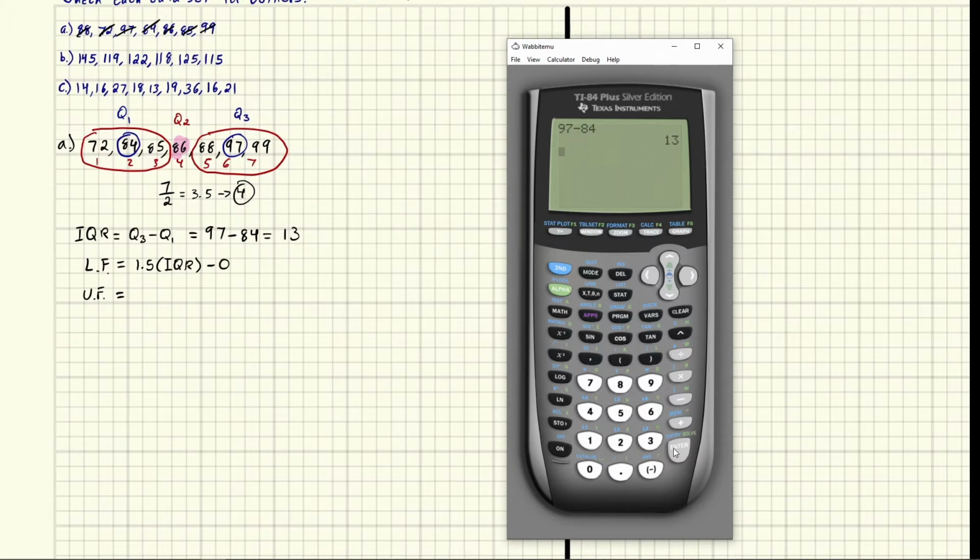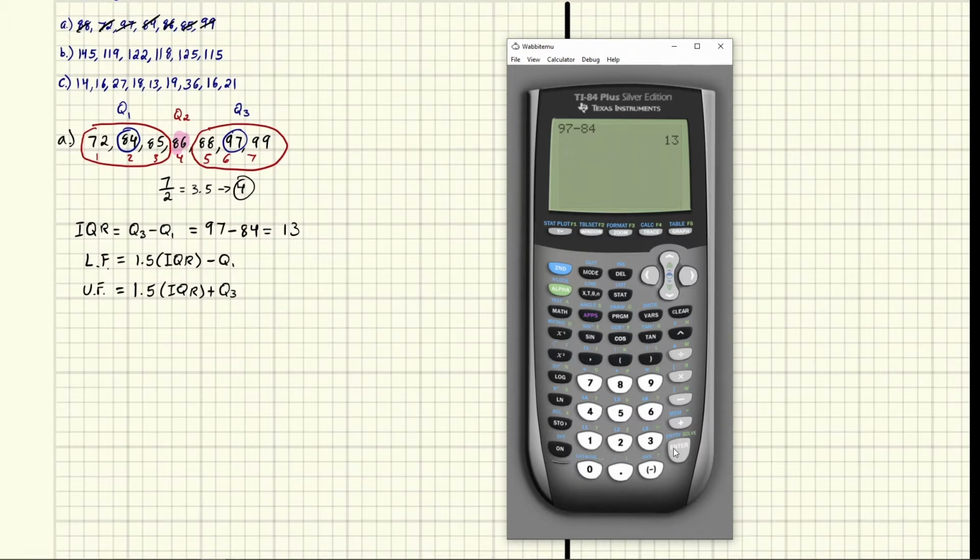So if it's below the first quartile by 1.5 times the interquartile range, then we say that value is too low. If a value is 1.5 times the interquartile range plus the third quartile, so if it's above the third quartile by this much, then that value is too high.